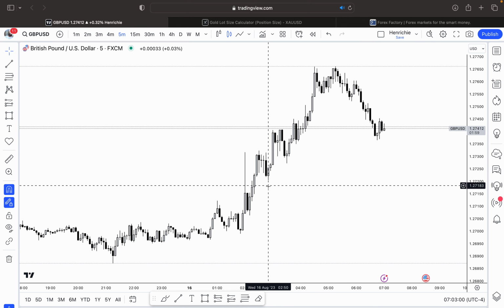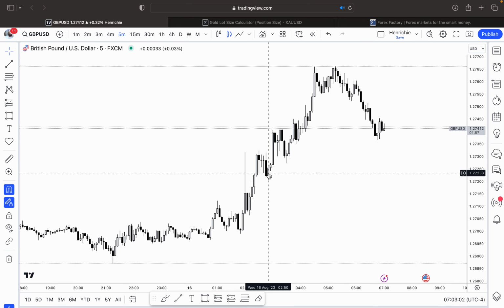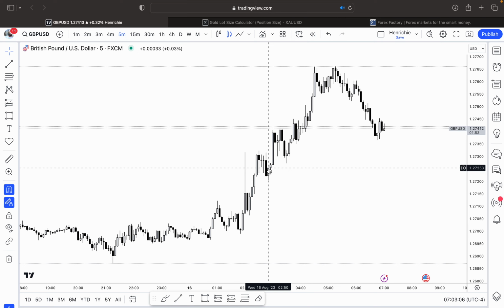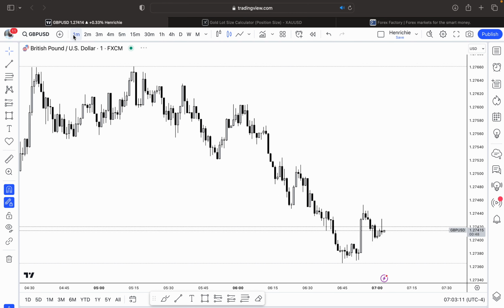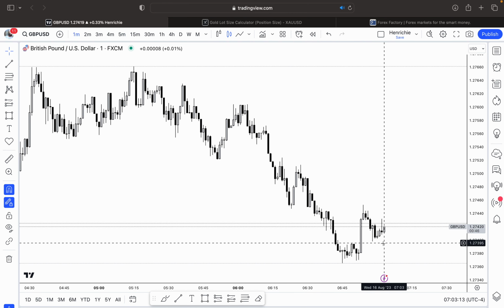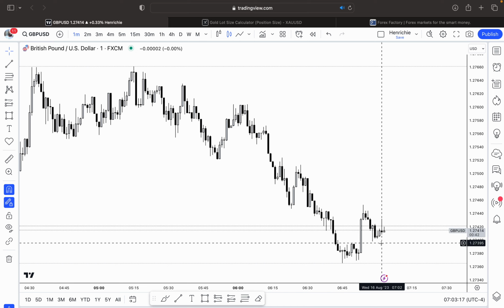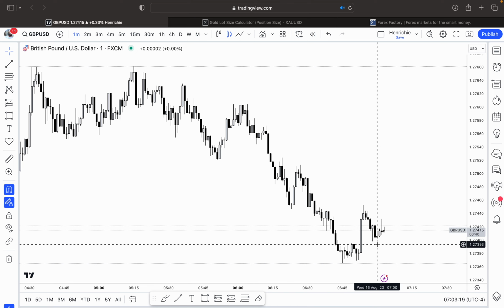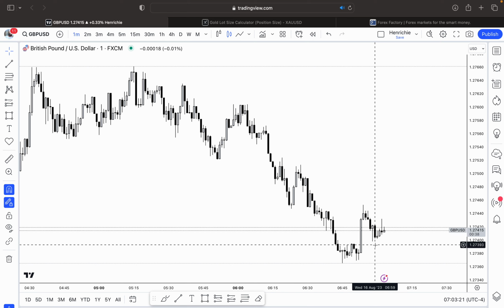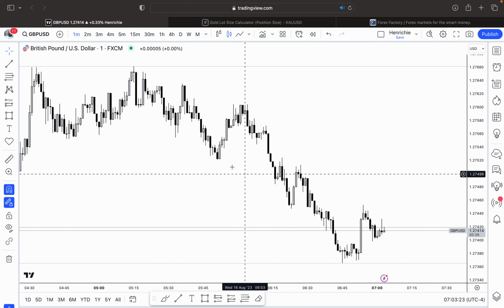So in this time frame, every single candlestick is 5 minutes of price movement. Same goes to 1 minute. You can see right here, this one 7:03, 7:02, 7:01, 7 o'clock, 6:49, 6:48.